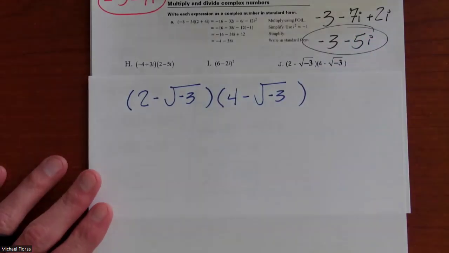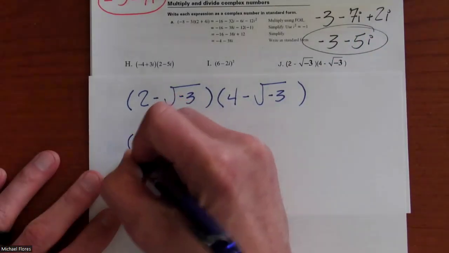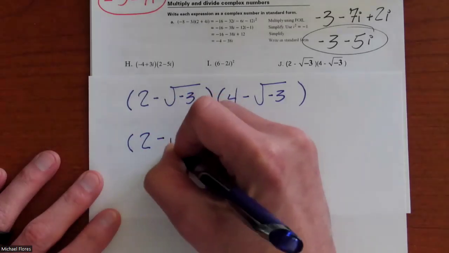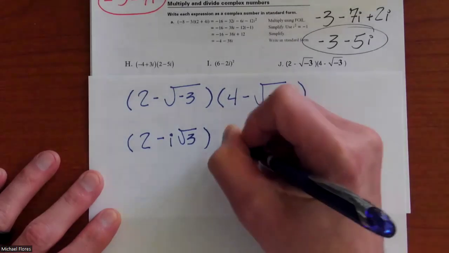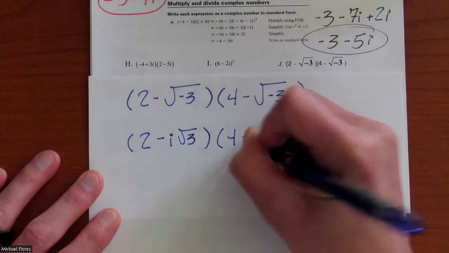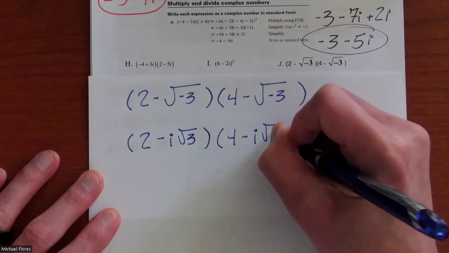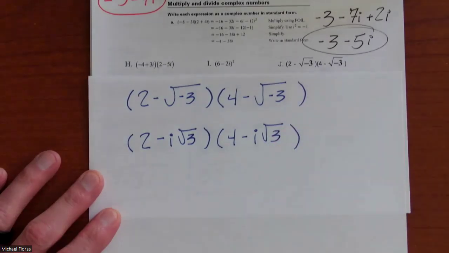Okay, well, I don't like that those roots are negative. So let me fix that. i root 3. Okay, now let's start FOILing.